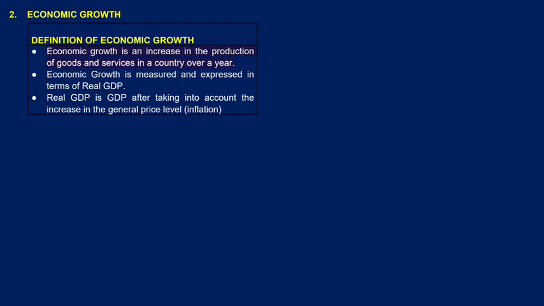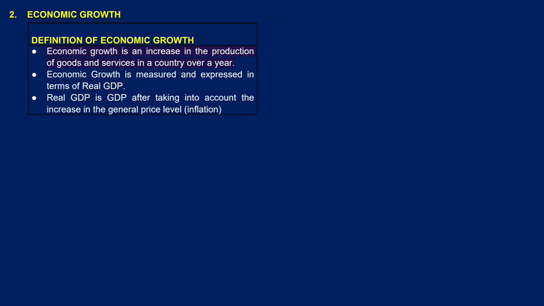Now, we make a distinction between real and nominal GDP. So it is the real GDP, which is your GDP after taking into account the increase in the general price level. And when you think of the increase in the general price level, that is known as inflation. So your real GDP takes inflation into account.